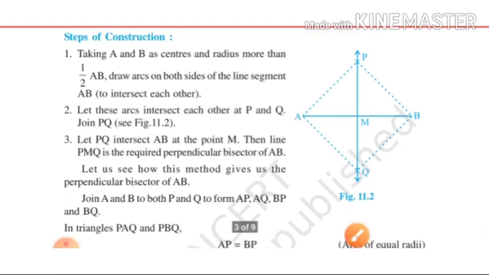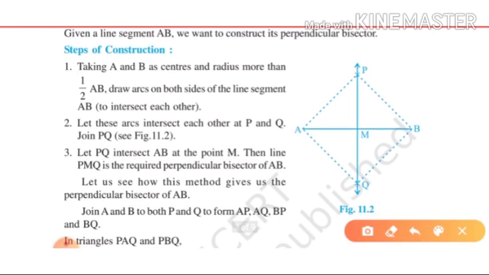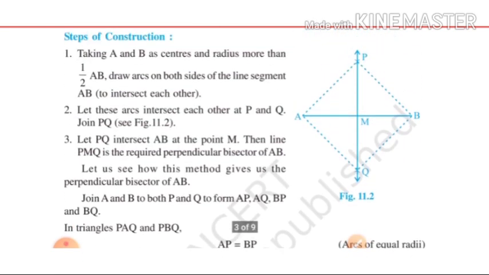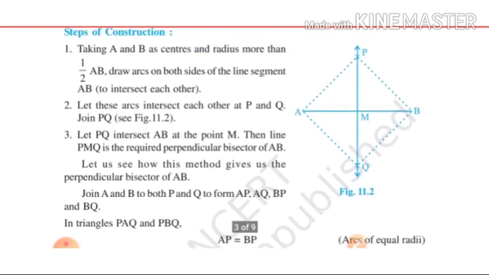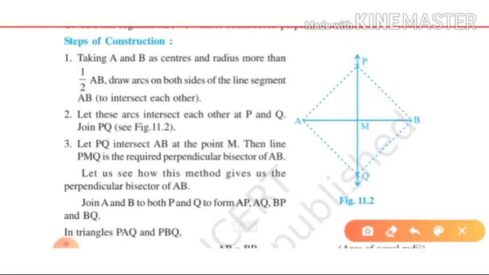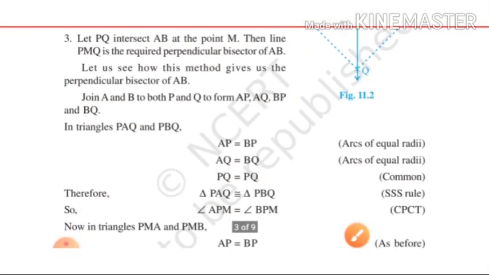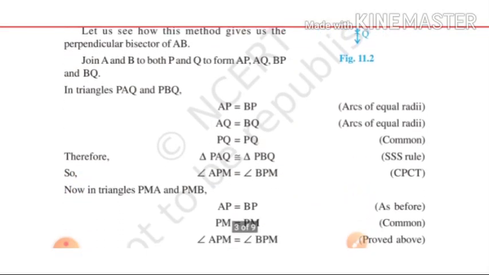By SSS they are congruent, and when they are congruent, that means angle APM is equal to angle BPM by CPCT.